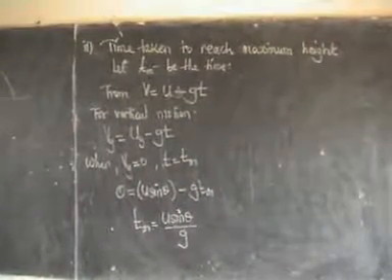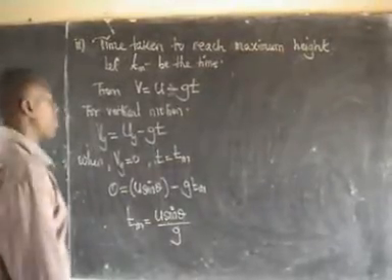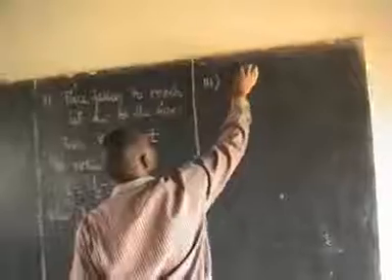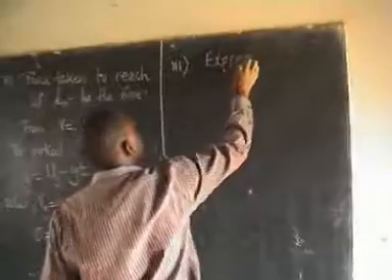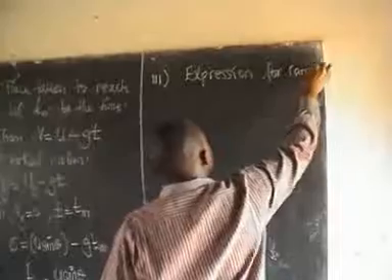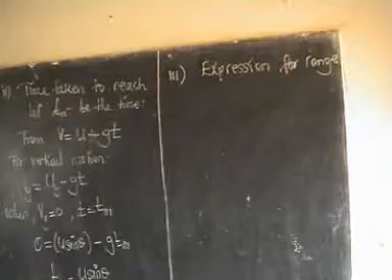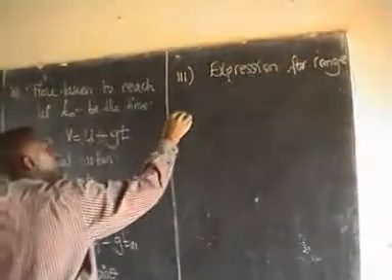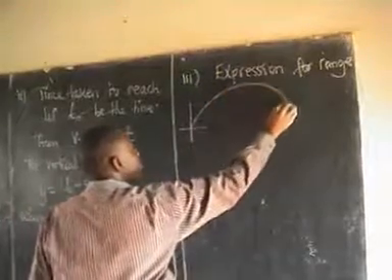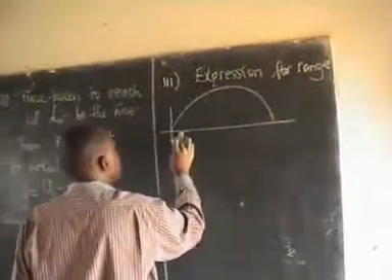Roman 3, expression for range. So remember, range, if we are to use our sketch, if this is our parabolic path, so this is going to be the range.